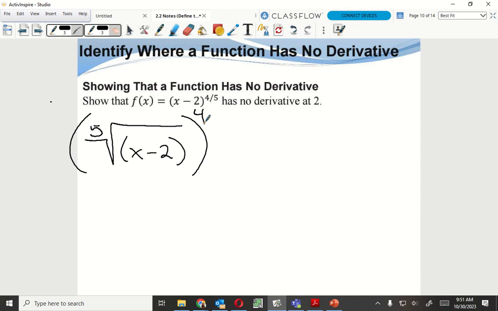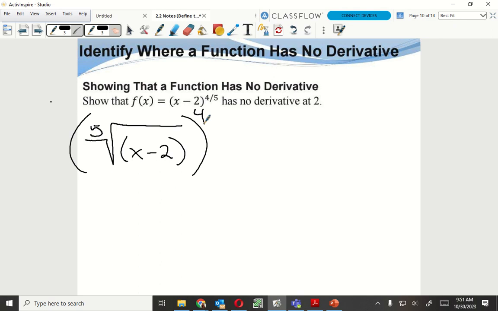Anyway, all right, so we're going to show that this, if it's a fifth root, can I have negatives in a fifth root? Yes, I can. Good job. I can have negatives in a fifth root, so I don't have to worry about the left side and the right side of this. If it was a square root, I would have a domain restriction.